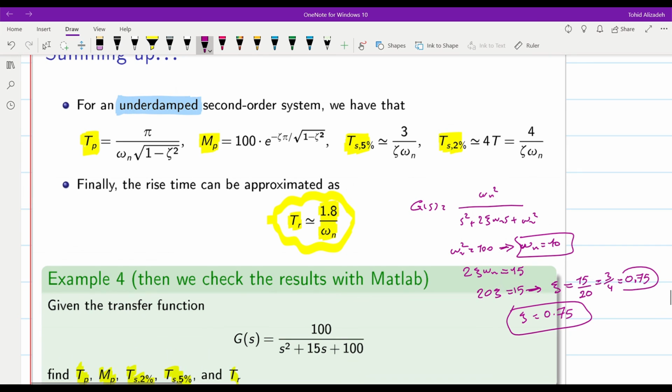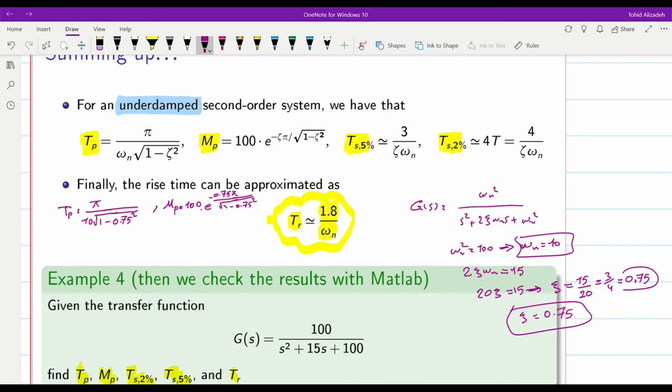Now we can have a look at the expressions that we have for our step response parameters. For T_p we will have pi over 10 times square root of 1 minus 0.75 squared. For M_p we will have 100 times e^(-0.75 times pi over square root of 1 minus 0.75 squared).